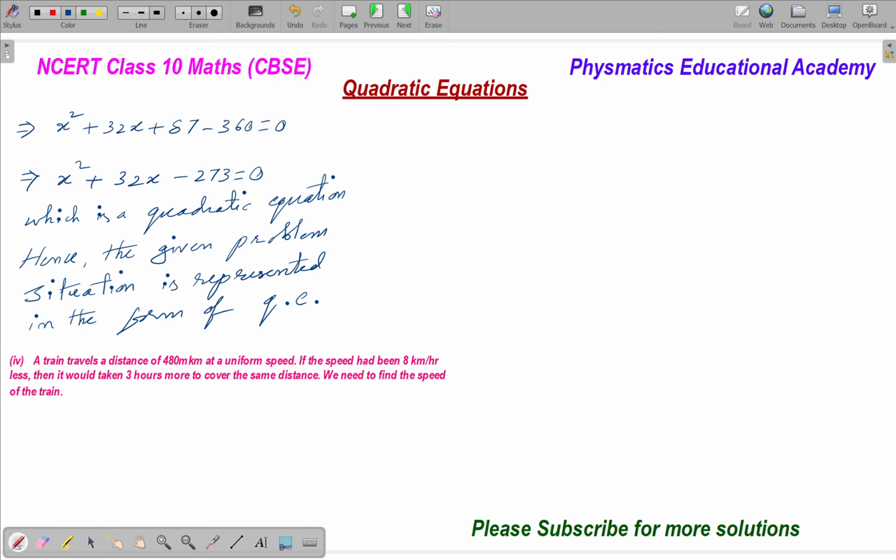Now solution. In the above question, the unit meter is wrongly typed.